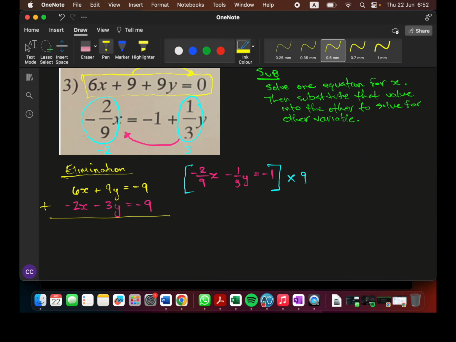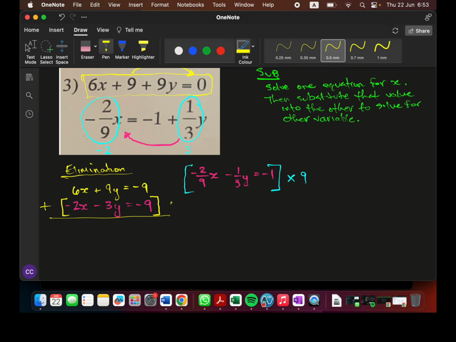In order to do that, sorry, I can't just simply add them together. I first have to take this one, and I'm trying to cancel out one of these values. Doesn't matter which one I cancel out.